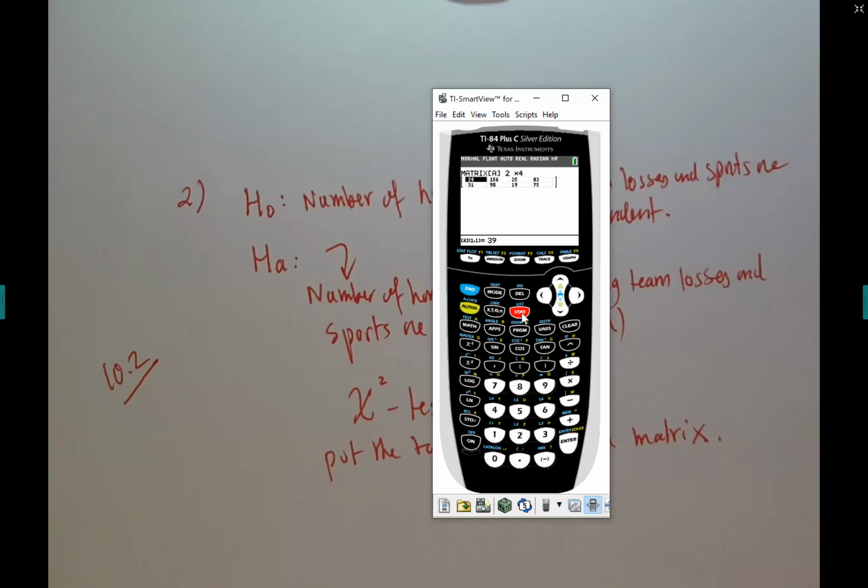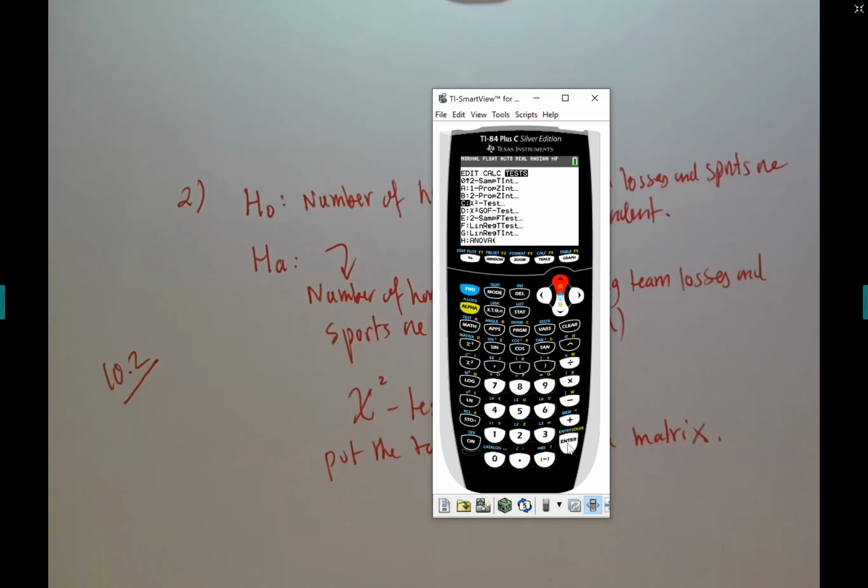So let me show you how to perform the test now. You go to STAT, TESTS. I would scroll up because these are at the bottom. Here you go. Guys, the next one, D, is a chi-square goodness of fit test. This is for section 10.1.